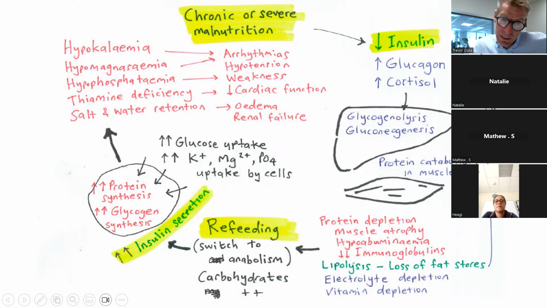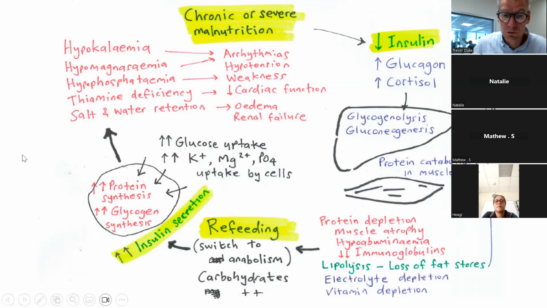And the carbohydrate load leads to a massive increase in insulin secretion, and all of these electrolytes go into cells. So there's uptake of glucose and potassium and magnesium and phosphate and thiamine by the cells for protein synthesis and glycogen synthesis. So storing of carbohydrates as glycogen within the liver and within other cells. And that can lead to dangerously low levels of potassium or magnesium or phosphate or thiamine deficiency.